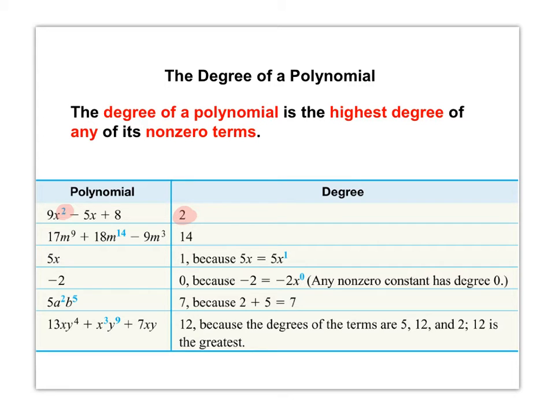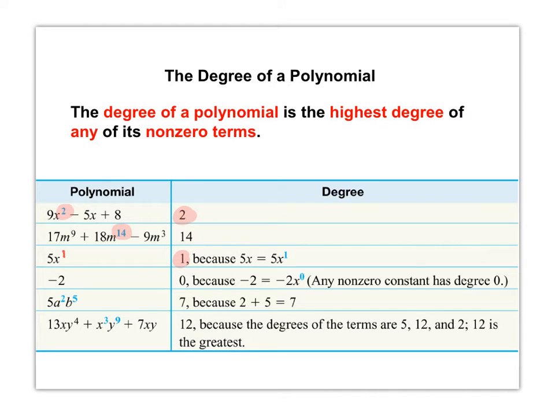In the second example, 17m to the 9th plus 18m to the 14th minus 9m to the 3rd has a degree of 14 because the largest exponent is 14. The third example, 5x, has a degree of 1 because the exponent for x is x to the first. It's understood to be 1, so we say that that 5x term has a degree of 1.